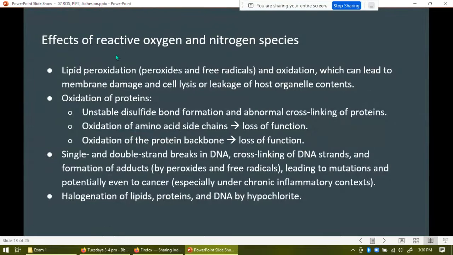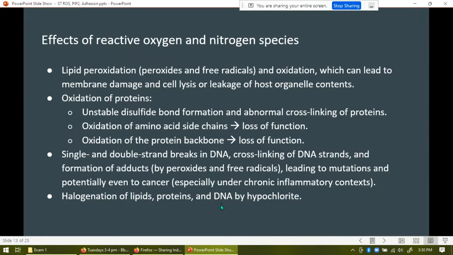So, some more things that reactive oxygen species and nitrogen species can do are listed here. You can halogenate some of your lipids and proteins and DNA by hypochlorite and hypobromite. These things can attach bromine atoms and chlorine atoms to different macromolecules, and that disrupts the functioning of those macromolecules, and so they don't work anymore.